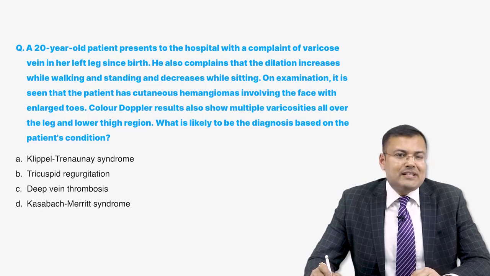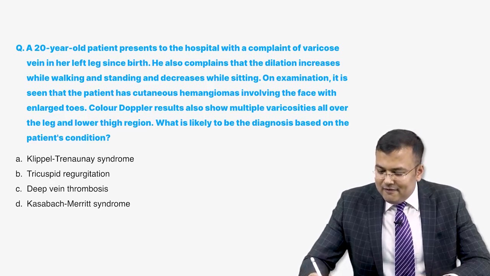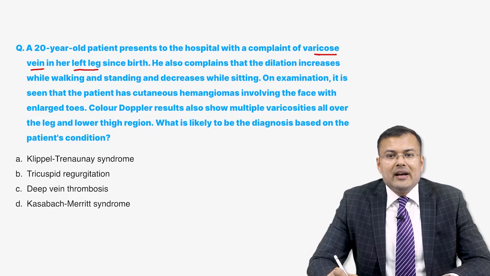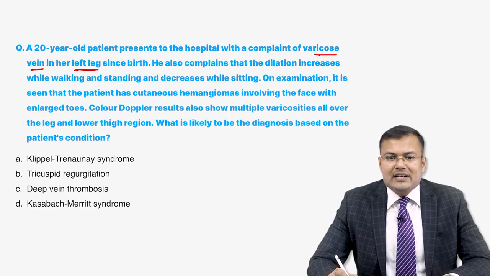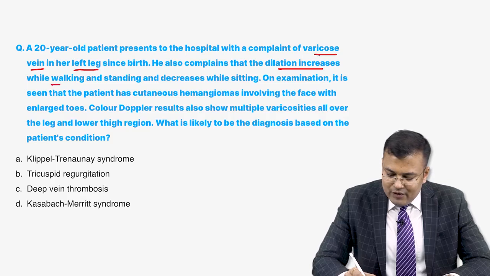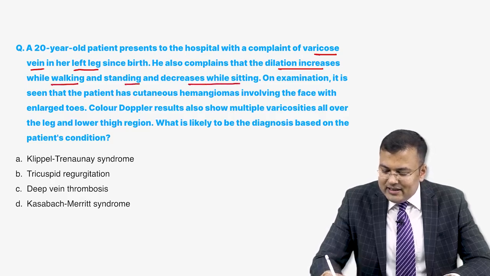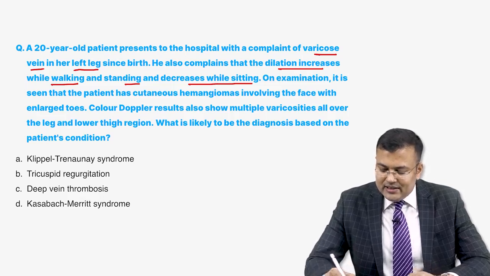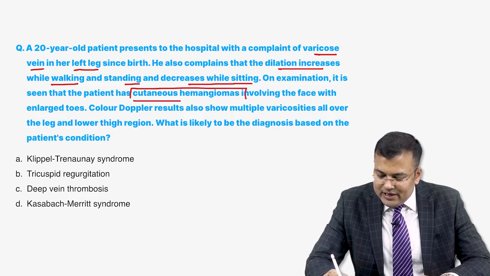Now see this question guys. 20 years old patient presents to hospital with complaints of varicose vein in left leg since birth. He also complains that dilatation increases while walking, standing, and decreases while sitting. On examination, patient has cutaneous hemangioma. So varicosity is there.